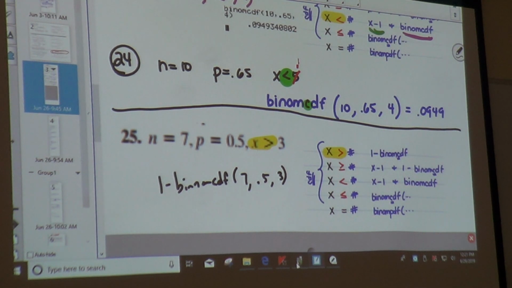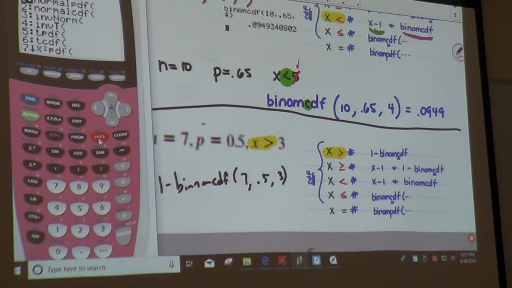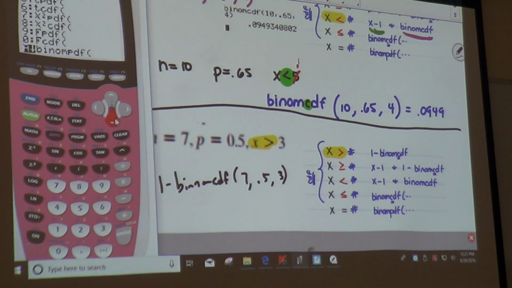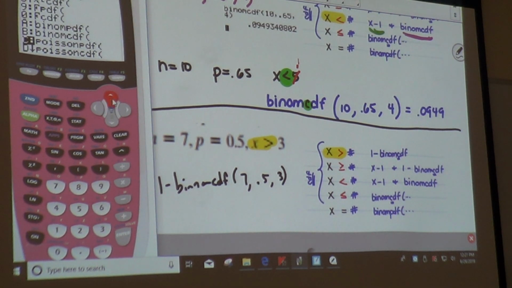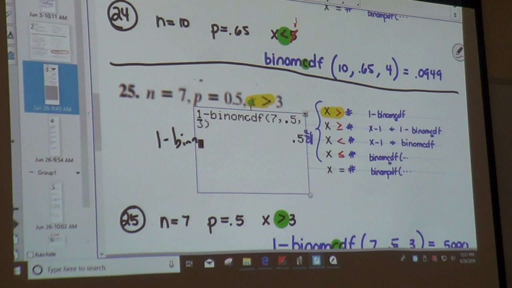So when I type this one into the calculator, it is going to be 1 minus, second bars, binomial CDF of 7, comma, 0.5, comma, 3. There's my answer, 0.5.